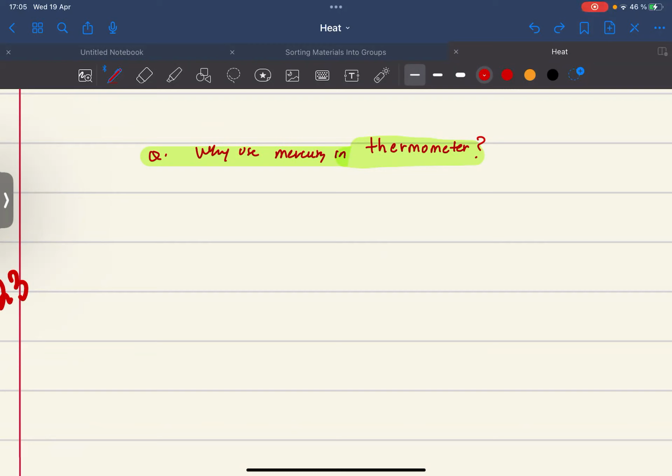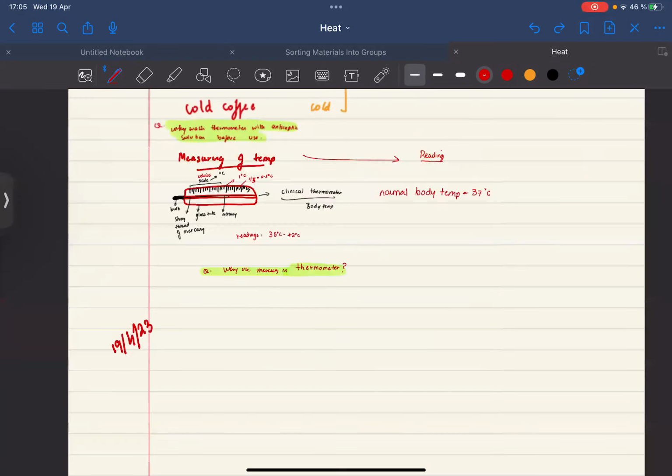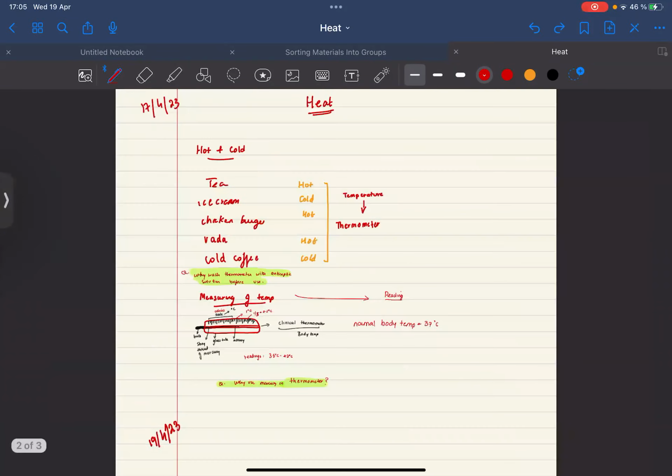Okay, so the next thing is a laboratory thermometer. How do we measure the temperature of other objects? The clinical thermometer is only for your body. So we saw two thermometers.